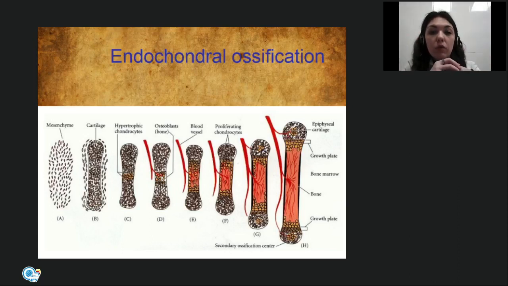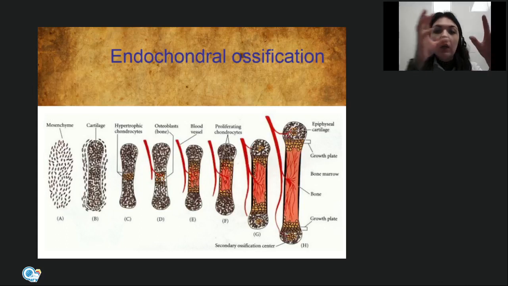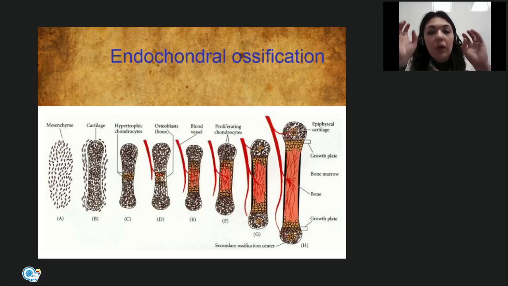They become hypertrophic chondrocytes, and finally they die. With the bloodstream, osteoblasts come into this empty space where chondrocytes used to be, and with time the osteoblasts become osteocytes. So first mesenchymal cells, then chondroblasts and chondrocytes, and then osteoblasts and osteocytes.